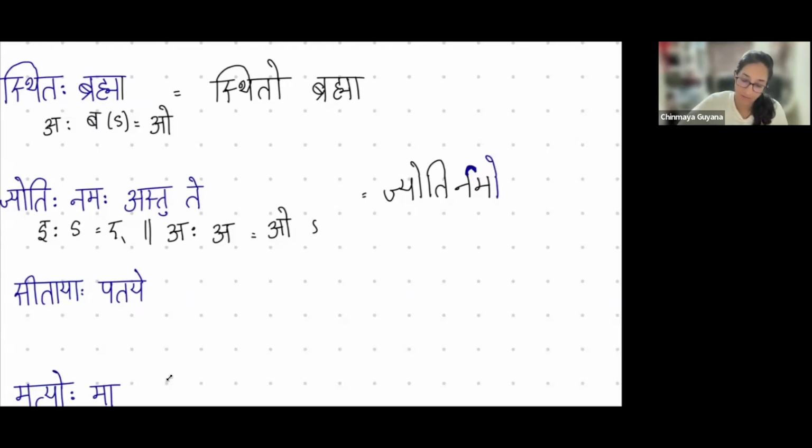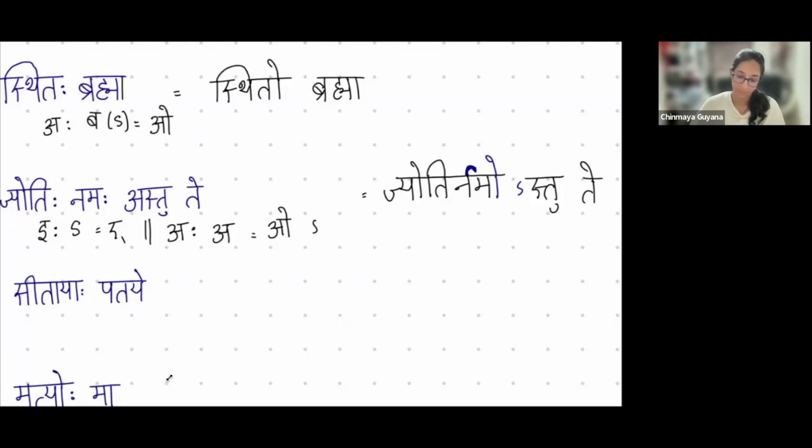And then you have the avagraha. And then you have the rest of stu. And then they are just hanging in there. Nothing to do with him. Jyotir namo stute. When you have a consonant, rahalant, sahalant, the 2 words become joined. When you have a vowel, they stay apart.